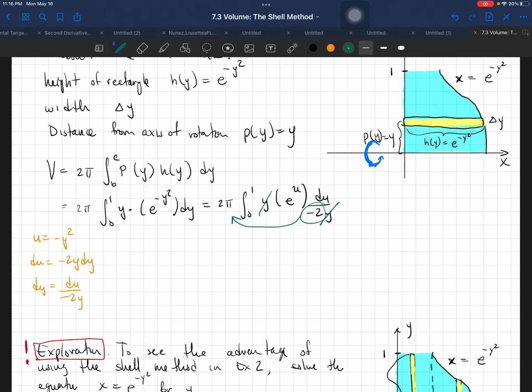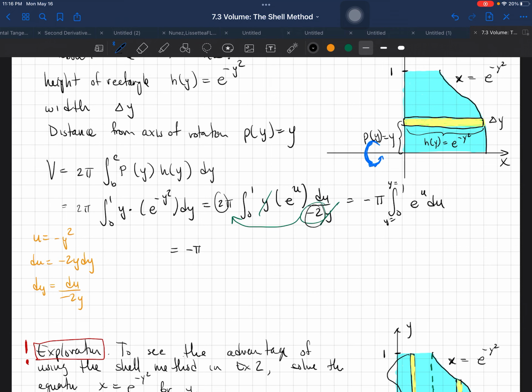This is a constant, so we factor it out, and so we get 2 over negative 2, which gives us negative 1, times pi, from 0 to 1 of e to the u du. And so far we haven't done anything, right? We've just set it up so that we can actually integrate this. Remember that these limits are in terms of y, so we have to make sure we keep track of that.